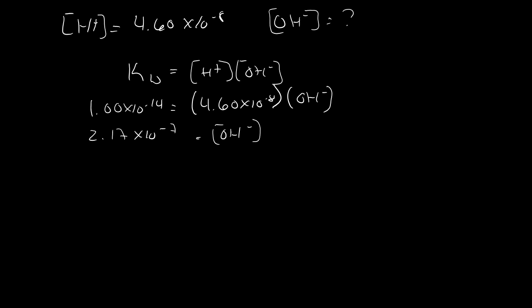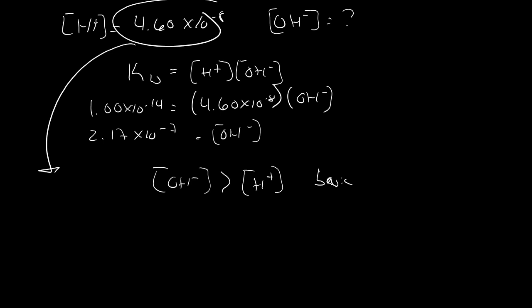So if you look, we have 2.17 times 10 to the negative 7th versus 4.60 times 10 to the negative 8th. And so because we know our hydroxide ion concentration is greater than our hydrogen ion concentration, our solution is therefore basic. You could, at this point, because you know that hydrogen ion concentration, solve for your pH by taking the negative log of that concentration.